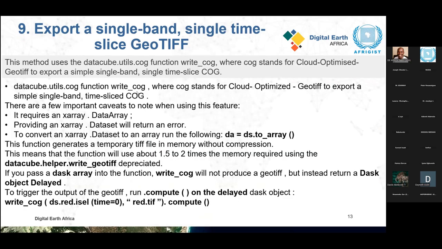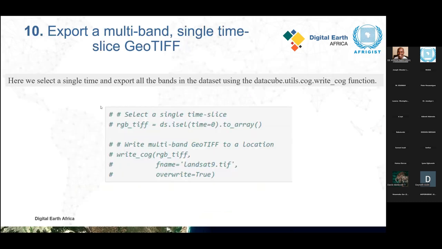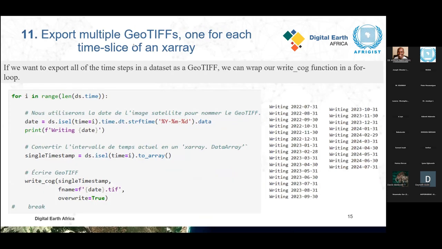We have now the export of single band and single time using GeoTIFF. But here we want to export all the bands, or all the GeoMAD images available during the period of 2022 up to 2024. And you run this one and it is executed.